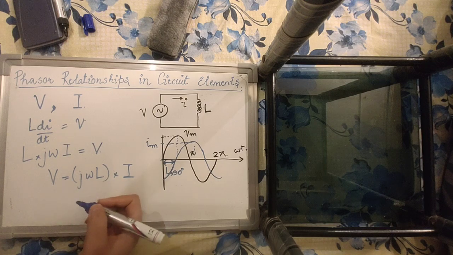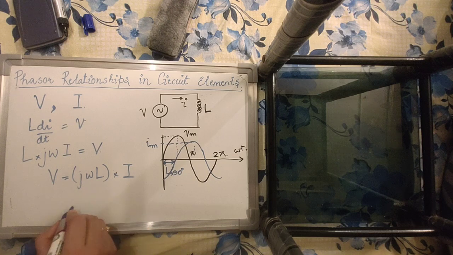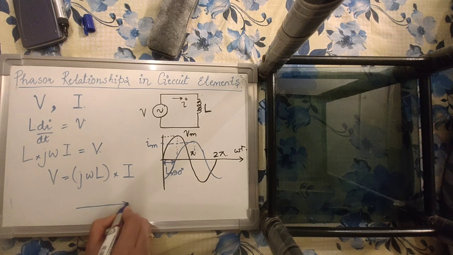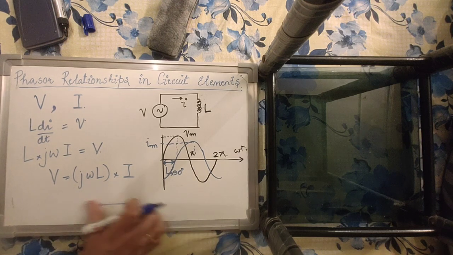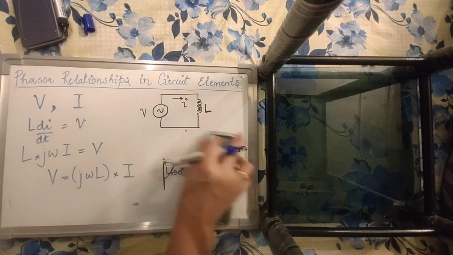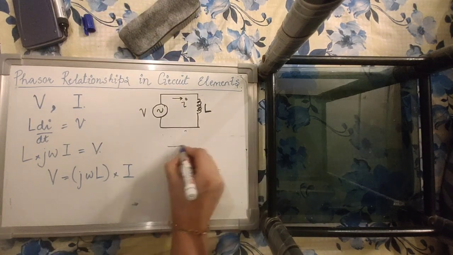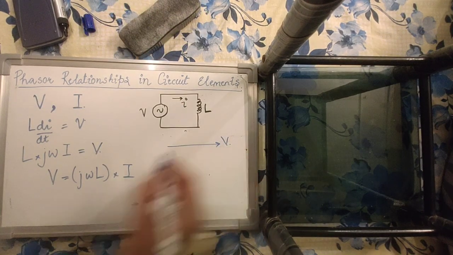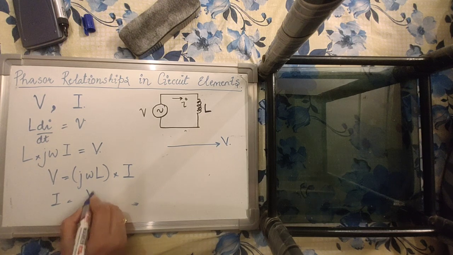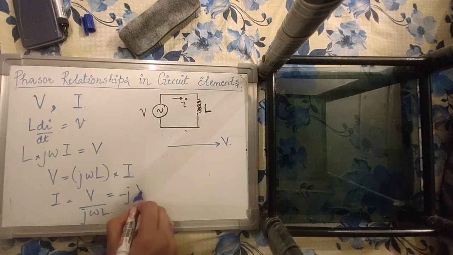If I want to represent it graphically using phasors, let's do it elsewhere, maybe here. If this is my voltage phasor V, then my current phasor will simply be V upon j omega L, or you can say minus j V by omega L, right?